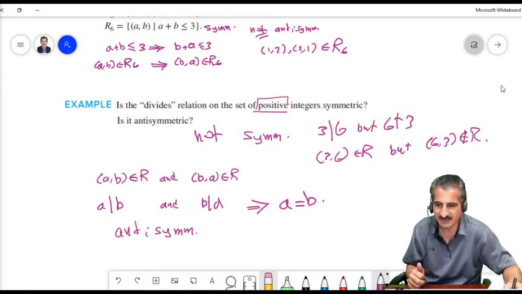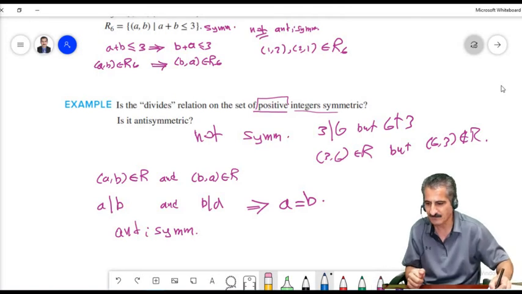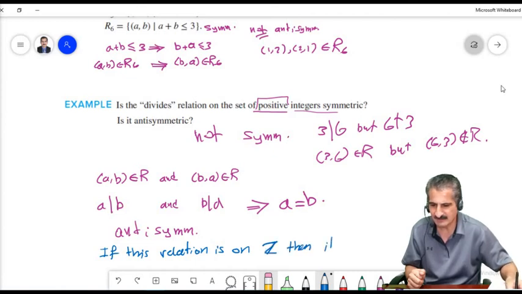If we cancel this and work on the integers themselves, then it will not be antisymmetric. Let me say that if this relation is on Z, then it is not antisymmetric.